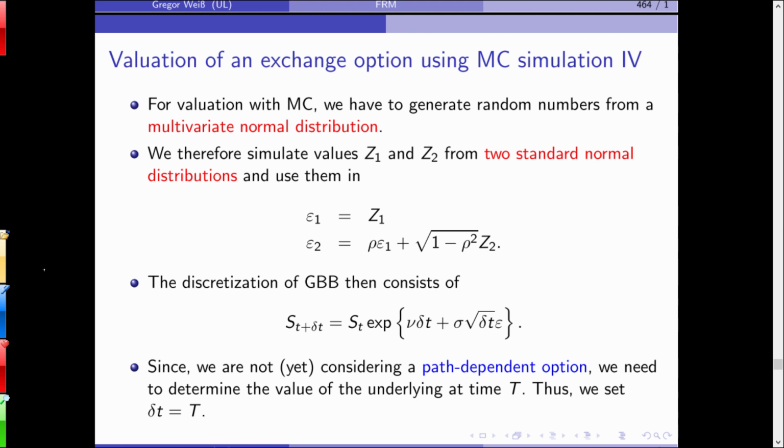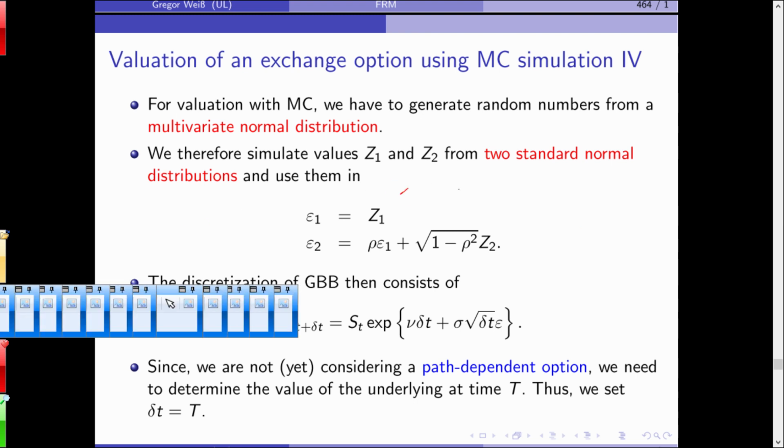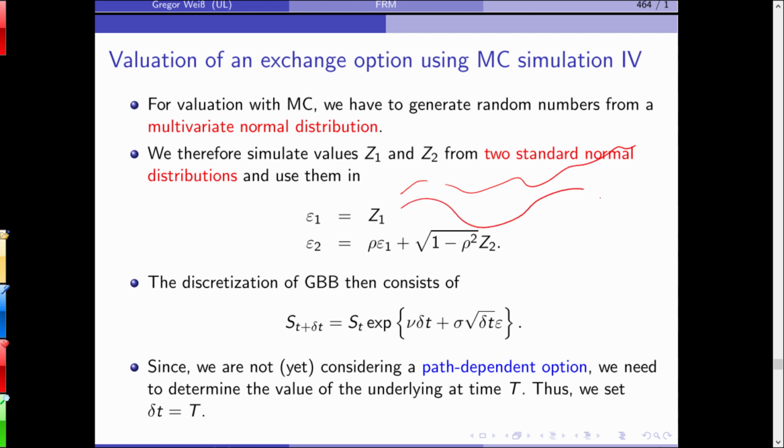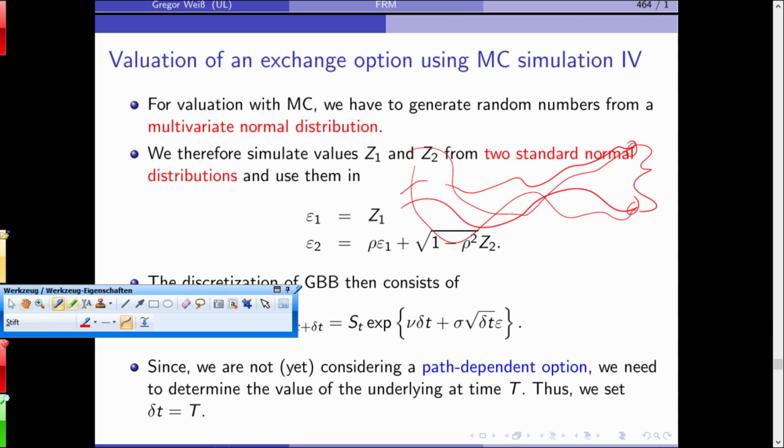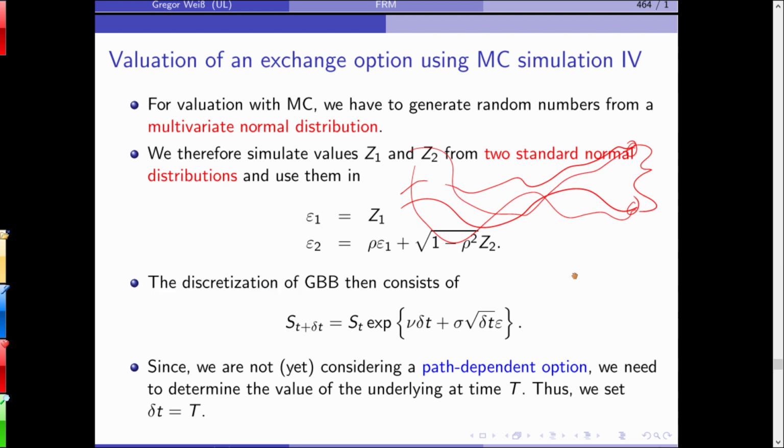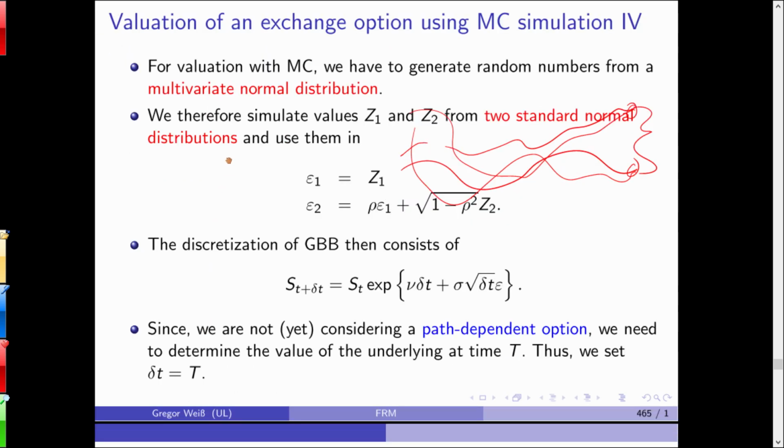We can see that those two prices of the underlyings can go either way, or it could also go this and this, but in the end, only this difference matters. So it's a plain vanilla option that is not path dependent. So we only need to determine the terminal value of each simulated asset path at time capital T. This is the only thing that matters here.